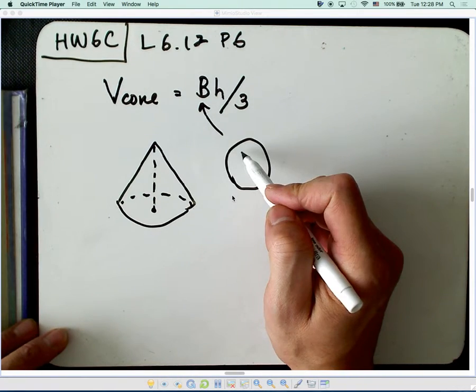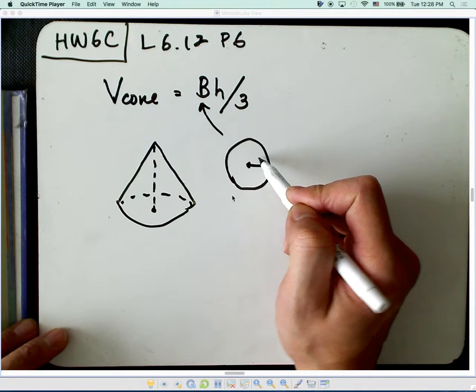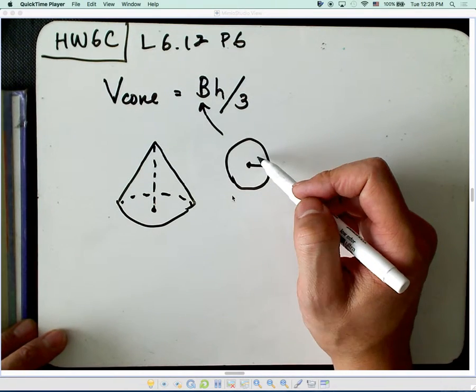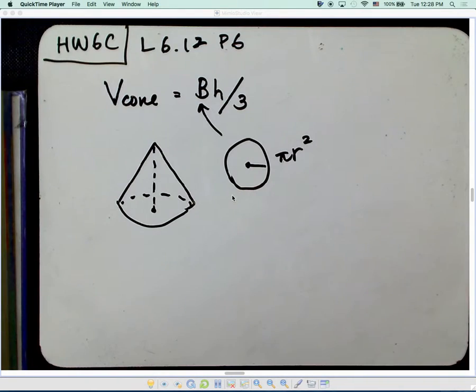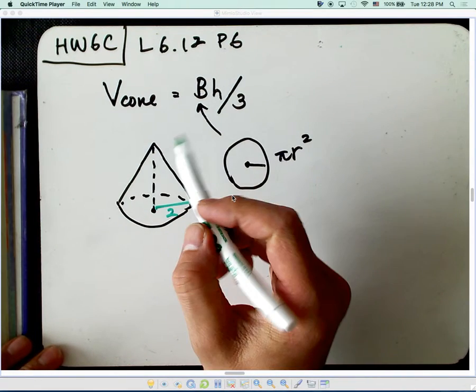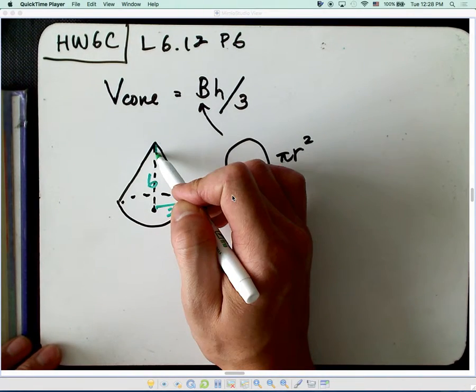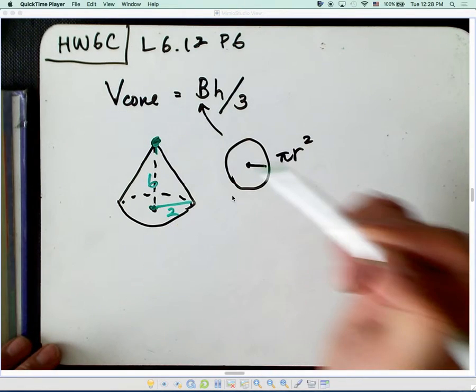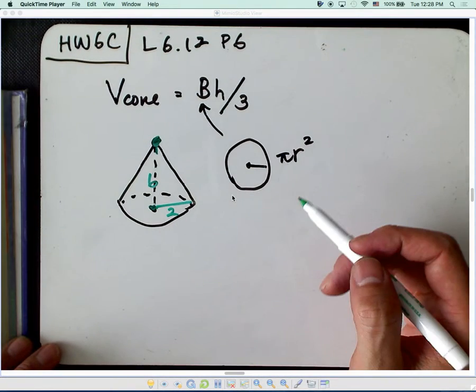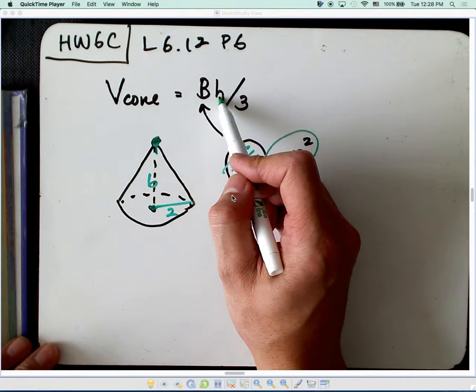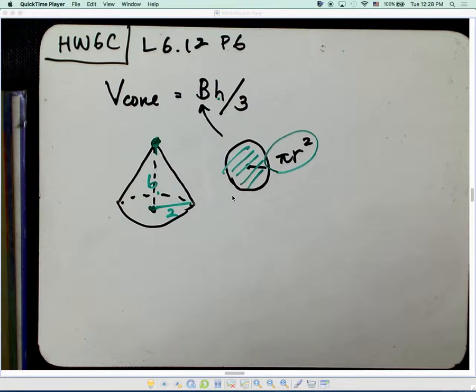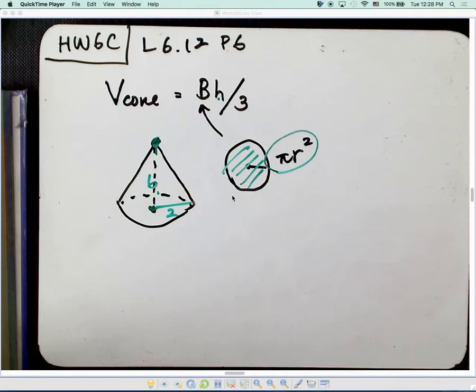You take the radius, multiply it by itself, and multiply by pi. That's pi r squared. We know the radius is 2, and the height is 6, from the apex straight down to the bottom. So once you find the area of the base, multiply by the height, which is 6, and divide by 3, then that's going to give you the answer for that problem.